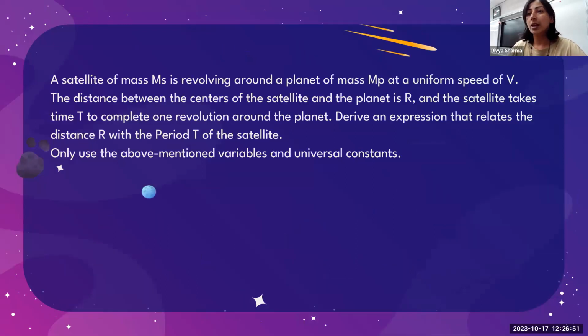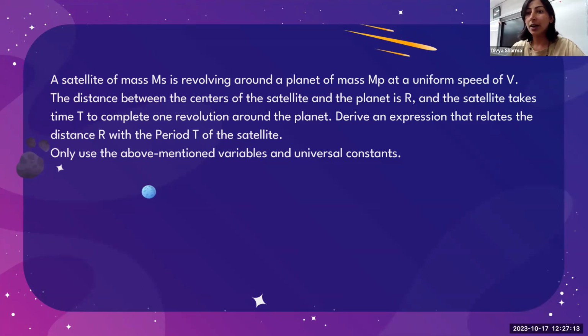All right, so here is a question that we're going to work on, and that question helps you derive the relationship. We have a satellite of mass ms revolving around a planet of mass mp. The distance between them is uppercase R. The satellite is revolving around the mass at a speed of v.